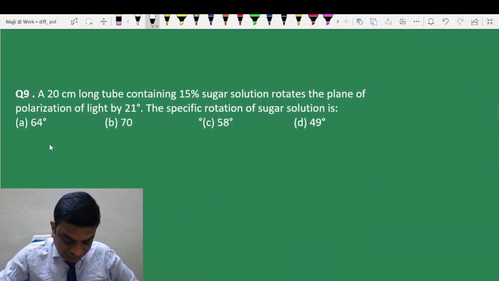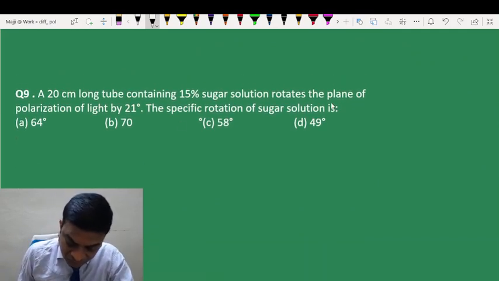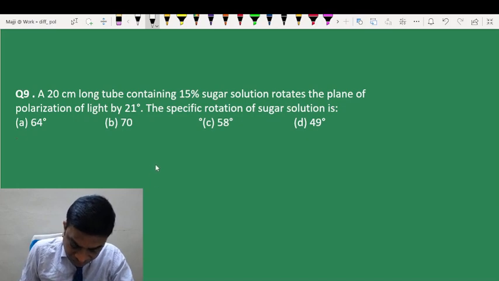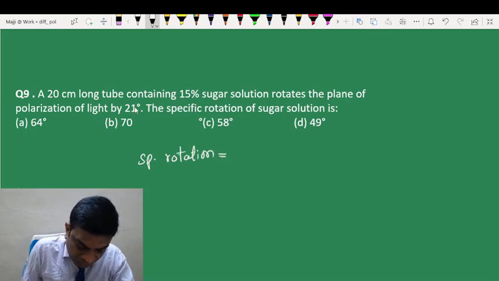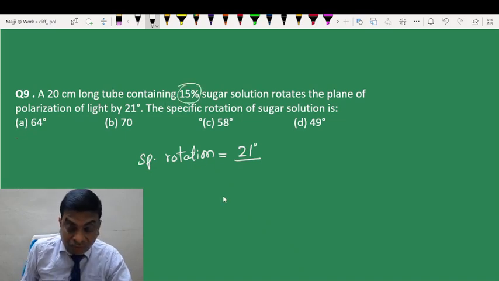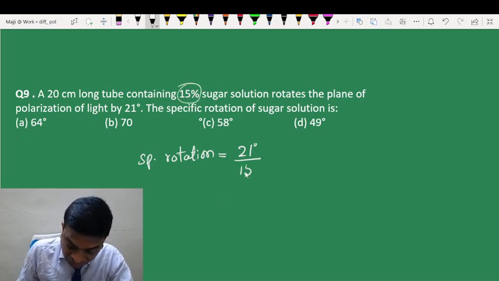Then a 20 centimeter long tube contains 15% sugar solution, rotates the plane of polarization of light by 21 degrees. Specific rotation of sugar? Now specific rotation will be the angle rotated per 10% solution. For 15% it is this much.